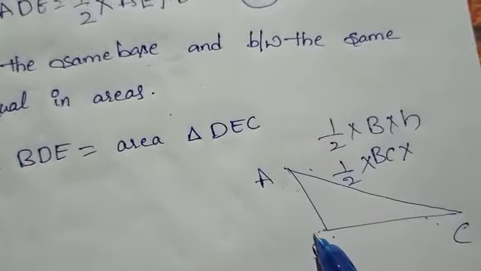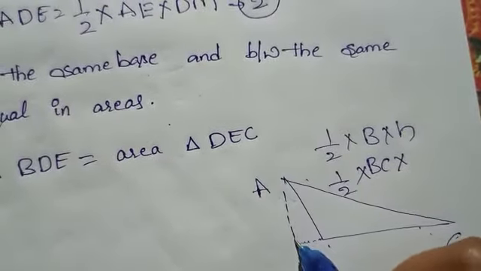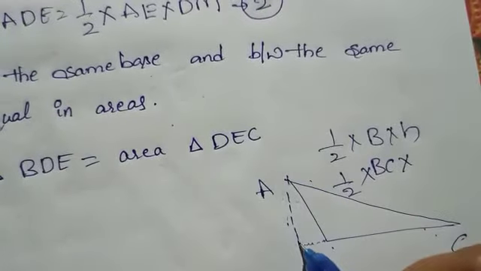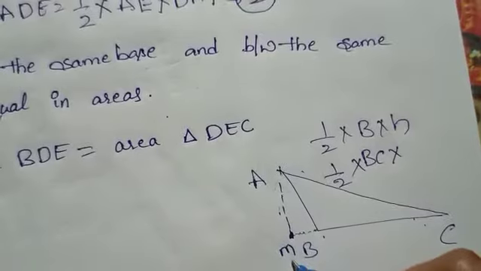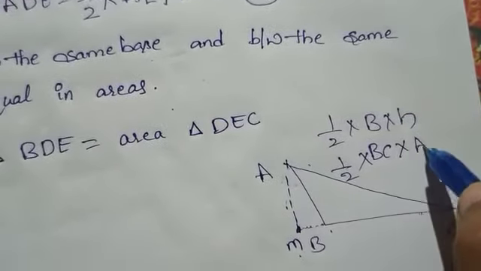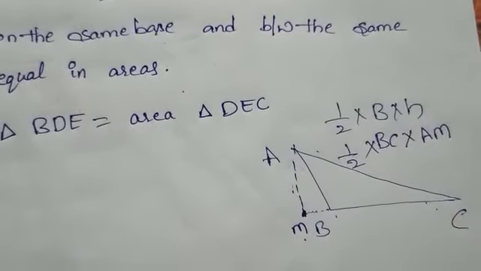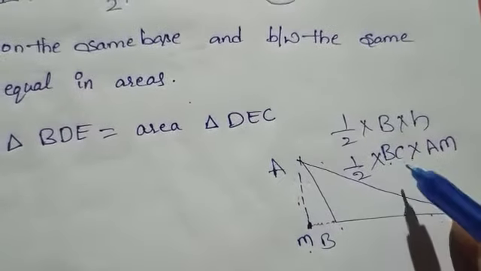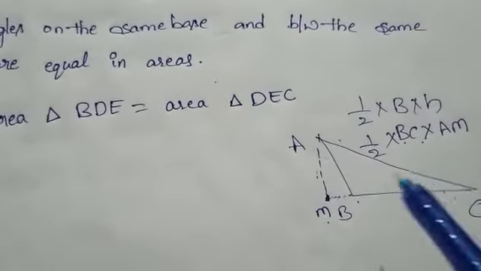Extend base, draw a perpendicular. Okay, this is the perpendicular. Suppose this point is M. Okay, here height is AM. Here base is BC. Okay, is it clear?